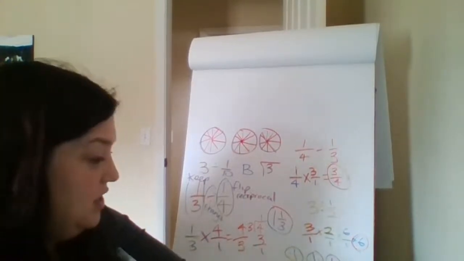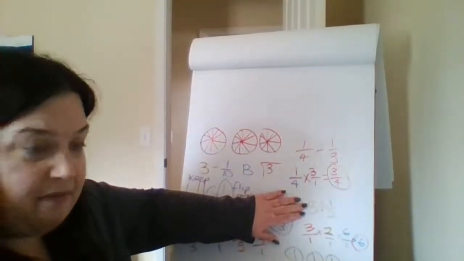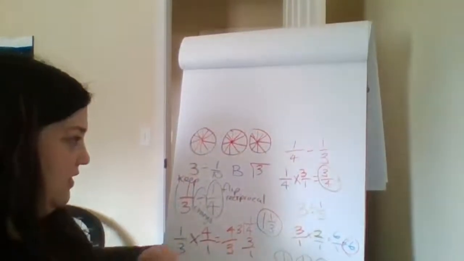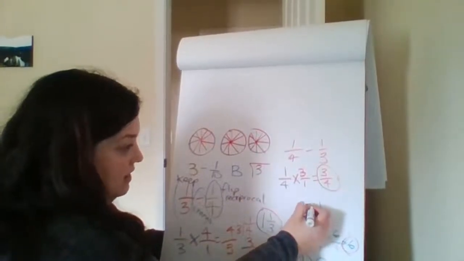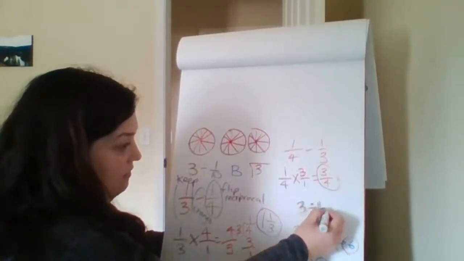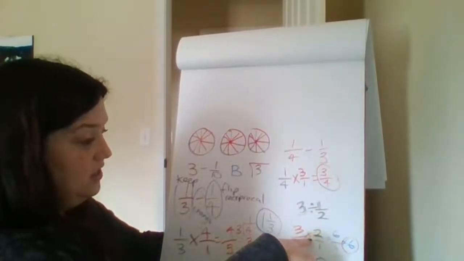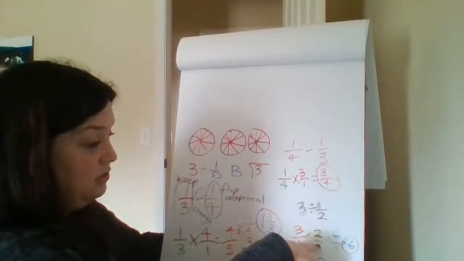Number 15, we just did. That was 3 divided by 1/2. Can you see that okay on there? It's lighter, isn't it? Should I get the darker side of the marker? 3 divided by 1/2. So we keep it at 3, change the division to multiply, and get the reciprocal of 1/2, which is 2/1.